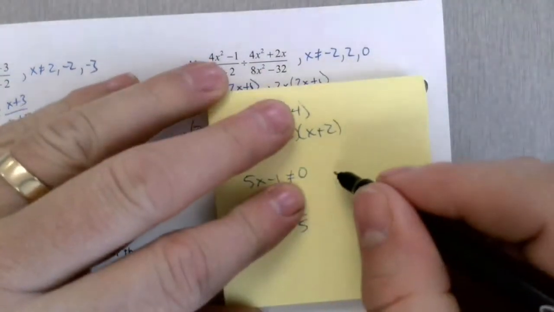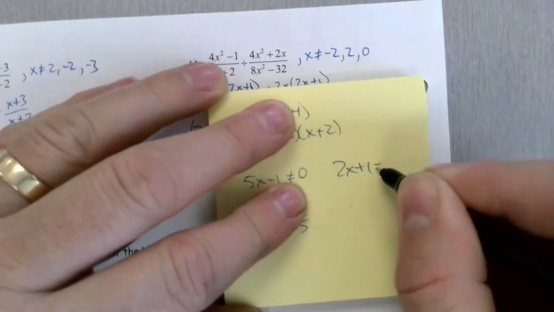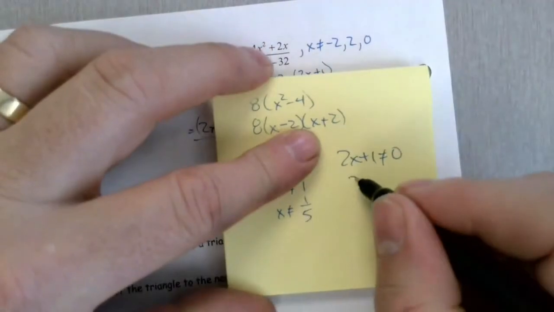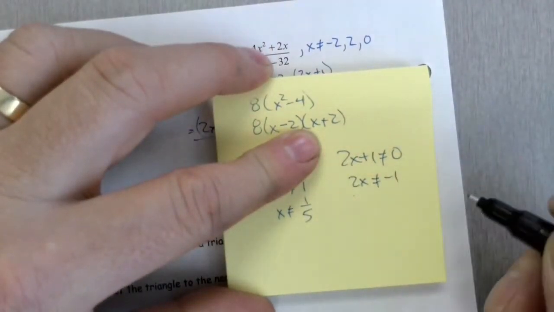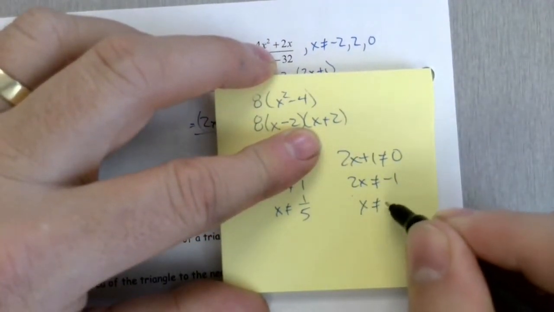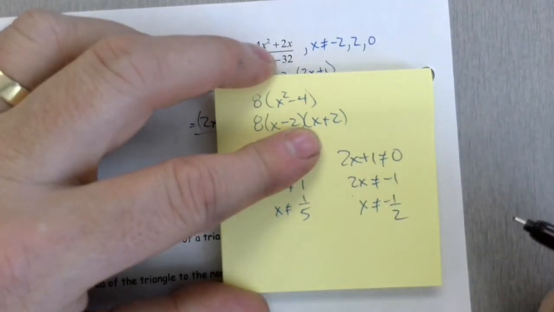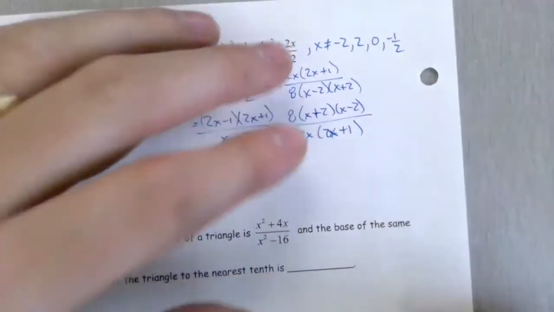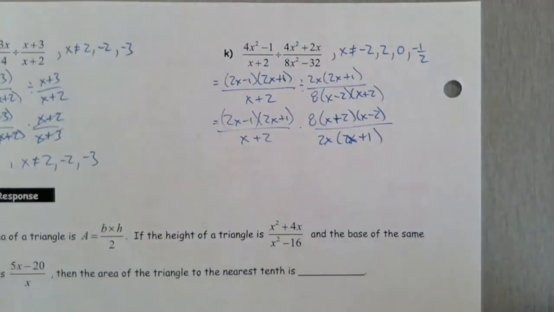And then we've got this 2x plus 1 that I cannot allow to equal 0. Which means 2x cannot equal negative 1, or x cannot equal negative 1 over 2. So there's my other restriction here. X cannot equal negative 1 over 2.